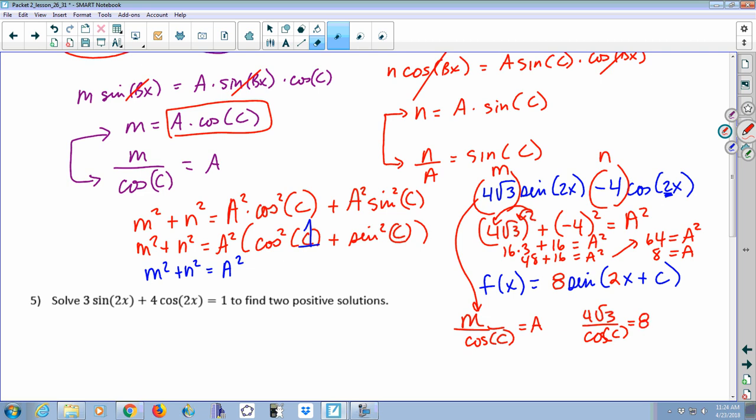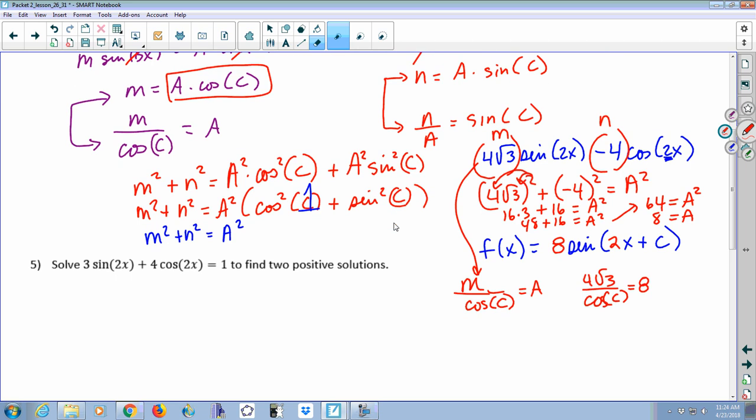So you can see this is just a proportion here. I want to solve for C, so I've got to get that out of the denominator. You can multiply both sides by cosine of C and then divide by 8. I'm not going to go through those steps unless you really need me to. I will. But this basically becomes this with 1 or 2 steps of algebra.